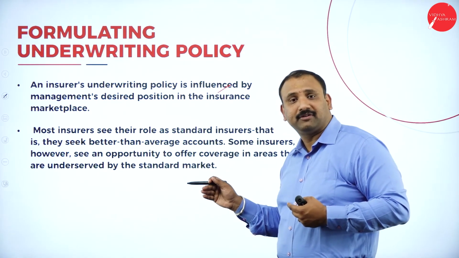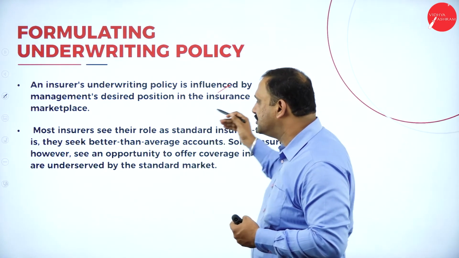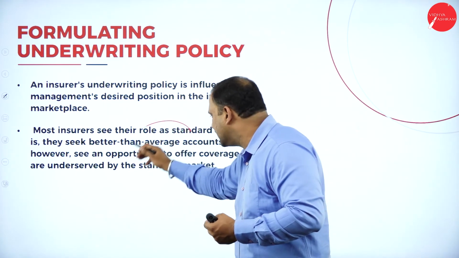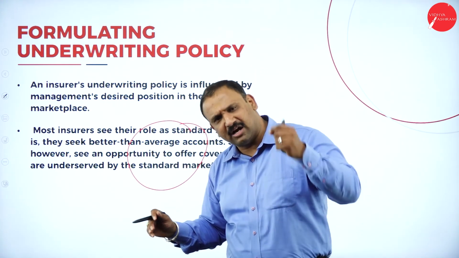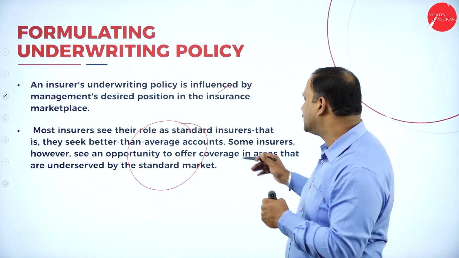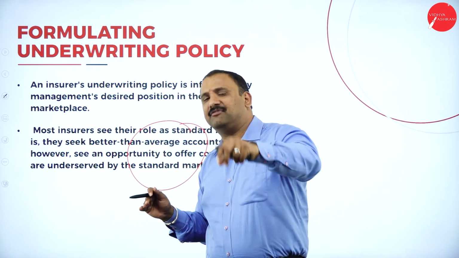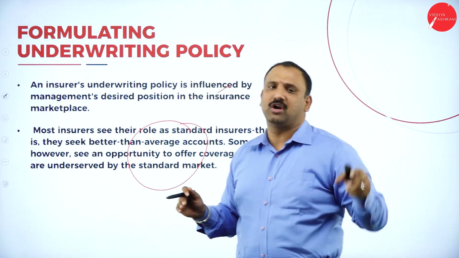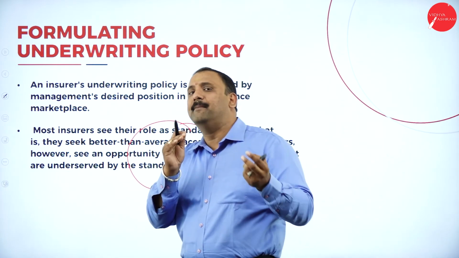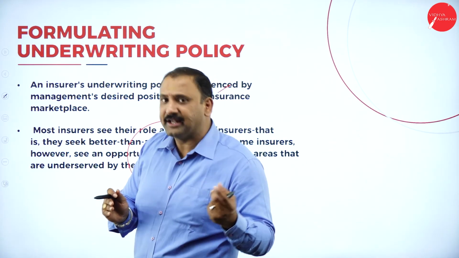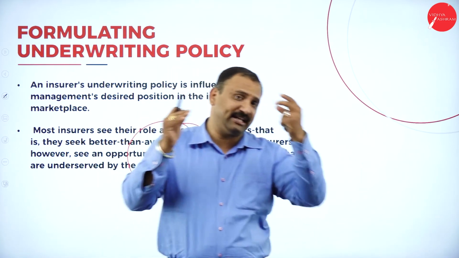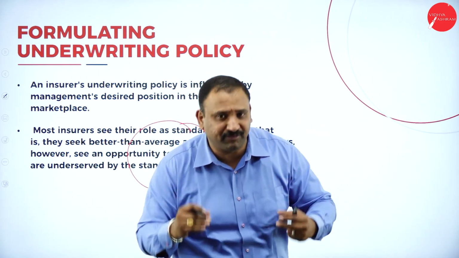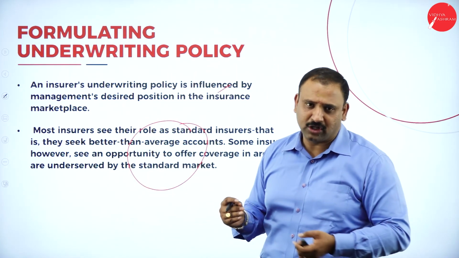So they will have certain standard insurers where they seek better insurance value on the average factor. However, they will also seek an opportunity to give coverage to those areas where it is not covered. So both ways, the company will do a mix and match and see where we can get maximum benefit and where there are opportunities for us to cover further so that the business will also grow for us.